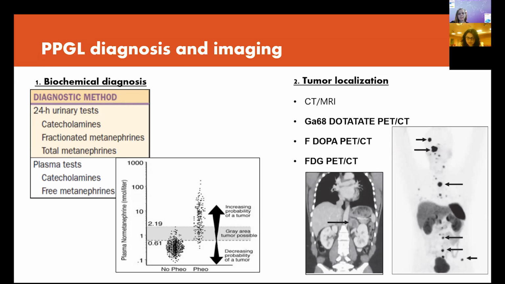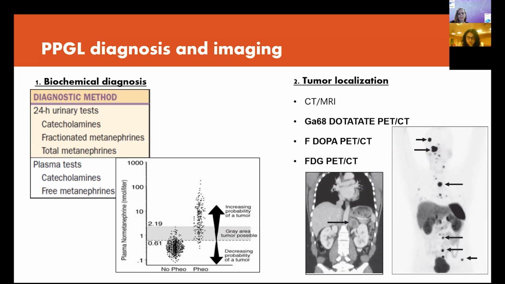The specificity, our certainty that the diagnosis of PHEO can be confirmed, is great with elevated levels of catecholamines. So usually with a level of catecholamines 3 times the upper limit of normal, we're pretty certain, and we continue to the next step, which is looking for the tumors that secrete this excess of hormones.